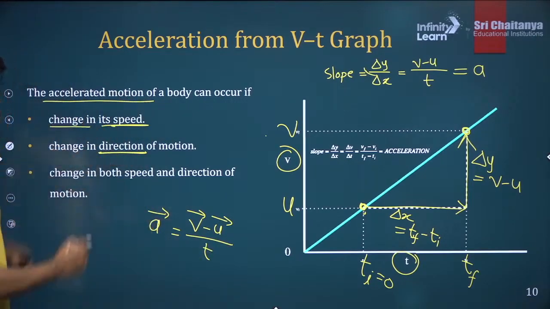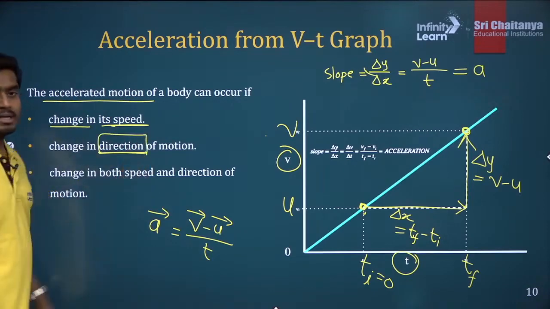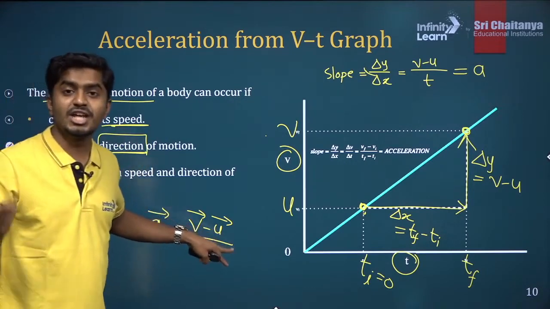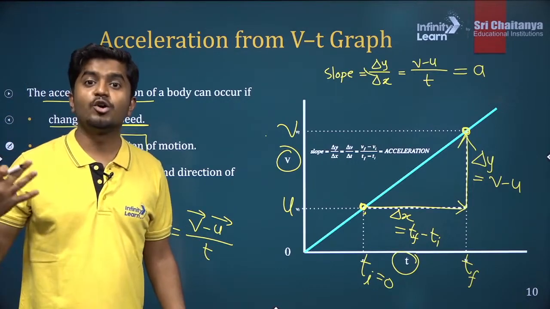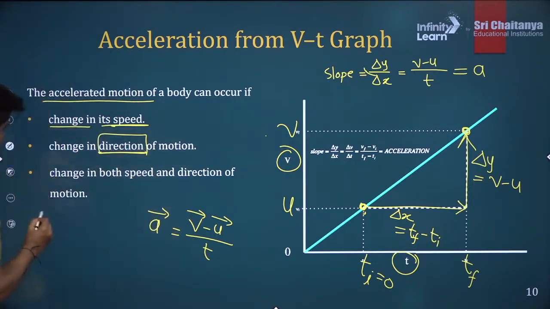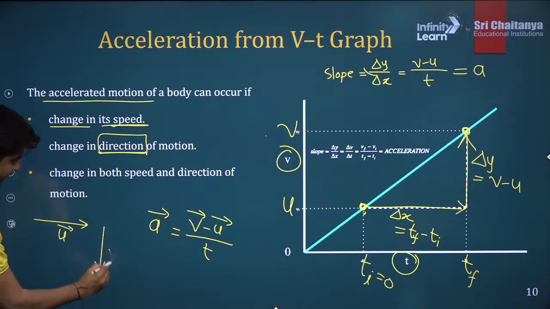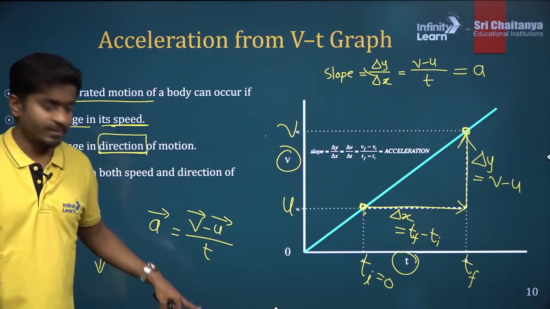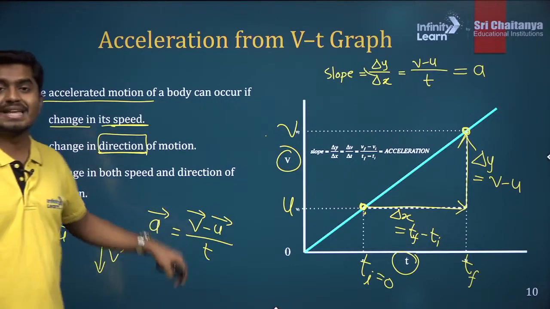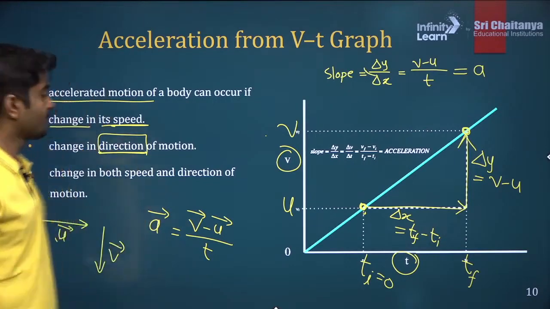Whenever there is a change in the direction, the initial velocity and final velocity are not going to be equal, they are going to be different. For example, if the object was moving in this direction, there is an initial velocity. Now it changed the direction, there is a final velocity. They are different. So even in that case, there will be an acceleration.